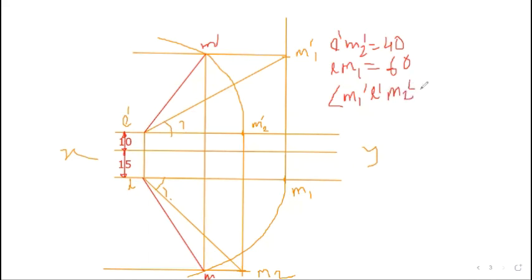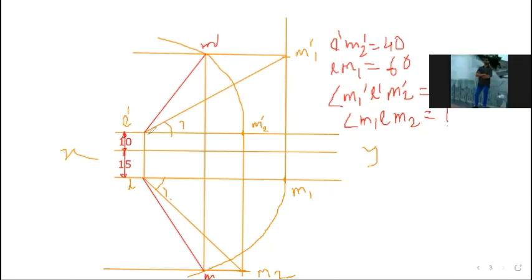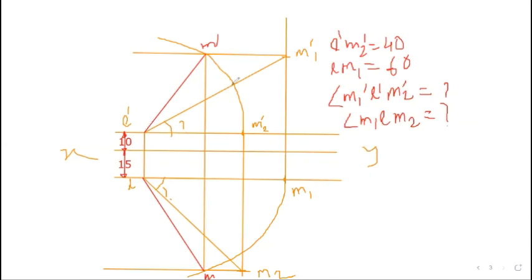You have to calculate the angle M1 L M2 also. So both angles you have to calculate. And you show the line L dash to M1 dash as 70 millimeters, and in the same way, L to M2 also 70.